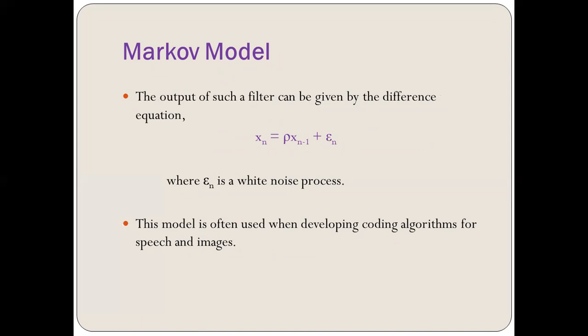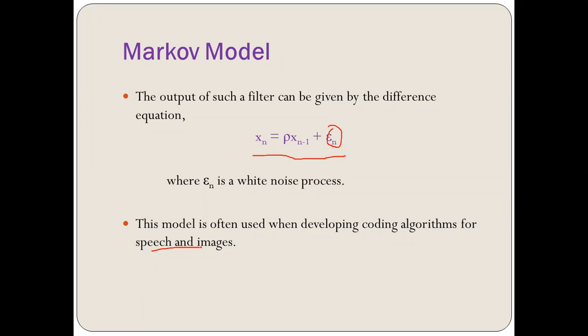If we assume that the dependence was introduced linearly, then the output filter will be this, and it will include certain white noise represented by this symbol. This model is generally used in developing and coding algorithms for speech and images. That is the discrete Markov model.